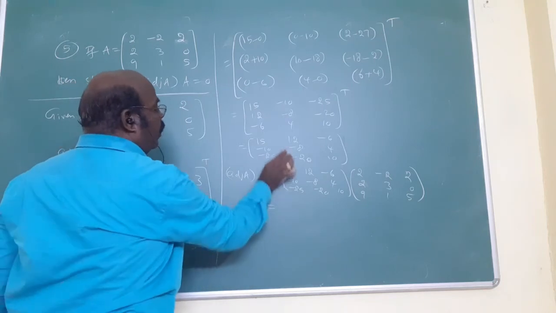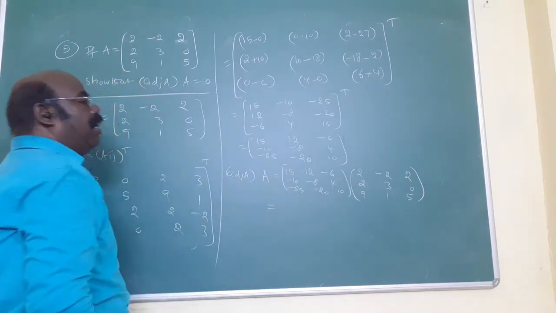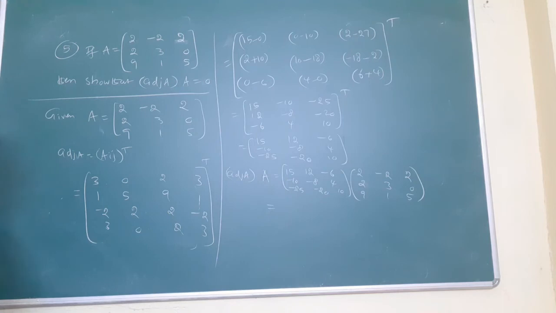Now equal to first row first column, first row second column, first row third column. Second row first column, second row second column, second row third column. Then third row first column, third row second column, third row third column. In this way, we simplify one by one.